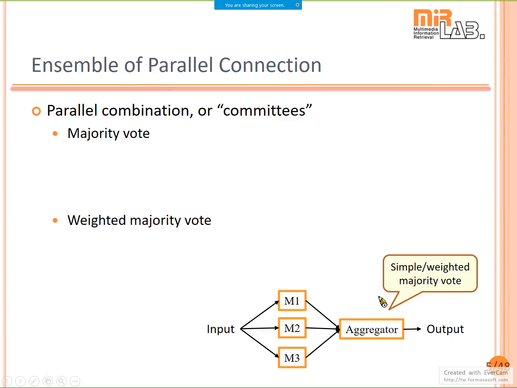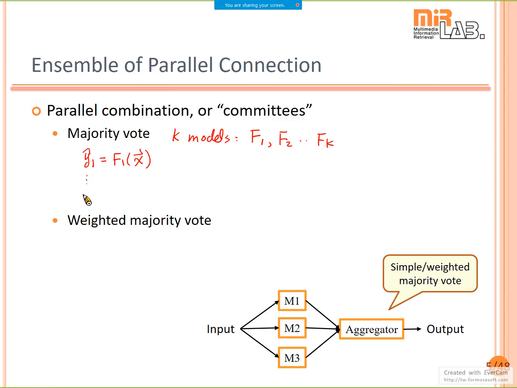So here, let's take a look at the ensemble of parallel connection or parallel combination. For instance, assuming we have K models. Let me write here. We have K models. I can denote them as F1, F2, until Fk. And for our prediction, we can write it like this: y1 is the estimated output from F1, and x is the input vector.